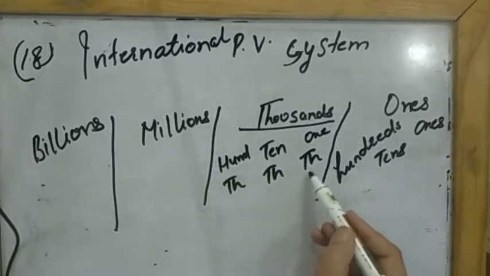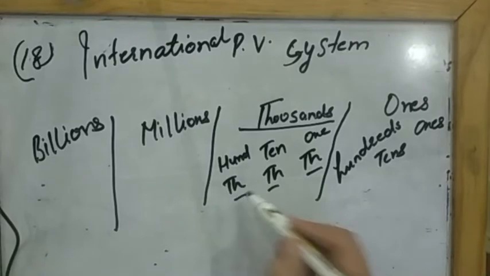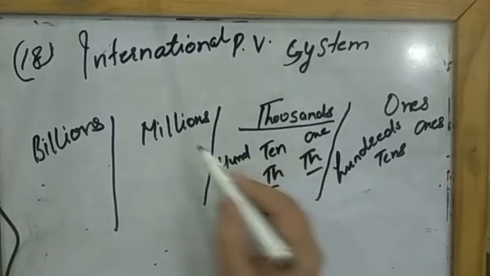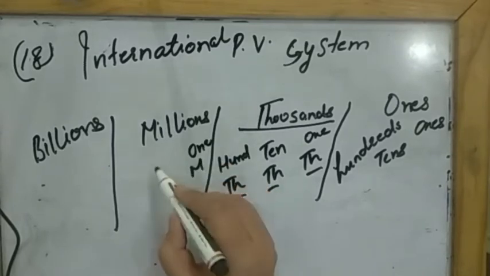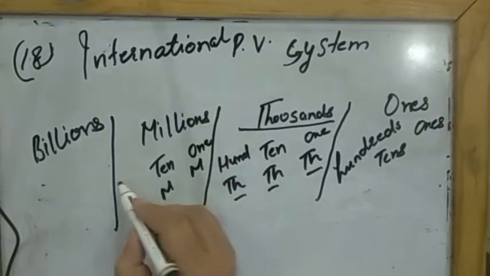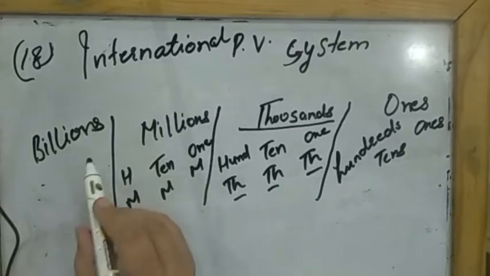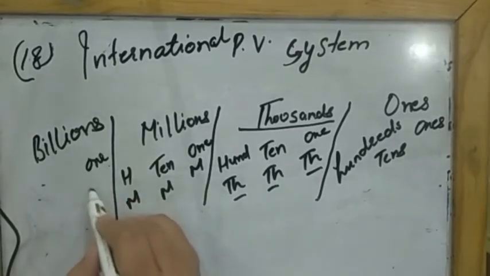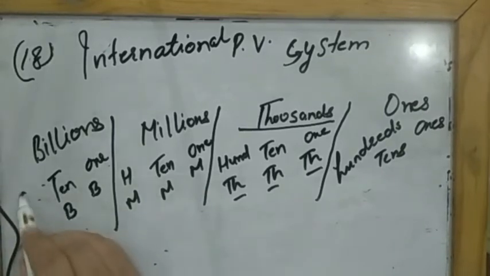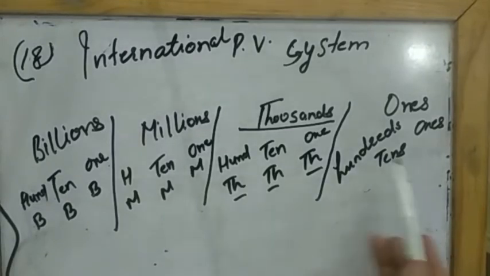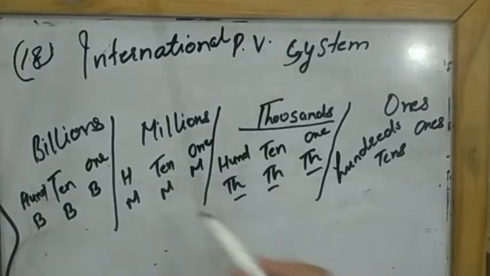In the millions period we again have 3 place values: 1 million, 10 million and 100 million. And the same in billions: 1 billion, 10 billion and 100 billion. So in each period we have 3 place values, and we read the number according to the periods only.